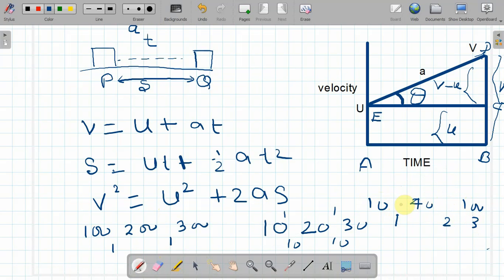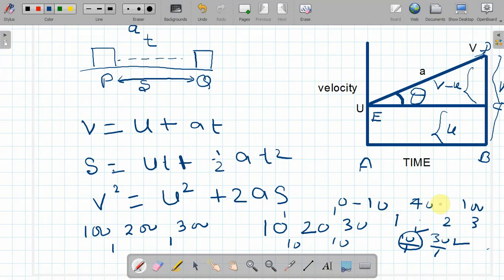If you see the particle velocity from 0 to 10, it is 10 by 1 acceleration. Now from 1 to 2 second, that is another 1 second, 40 minus 10, that is 30 by 1. So see how the acceleration is changing. Here the acceleration is 10 meter per second square, here it is 30 meter per second square.